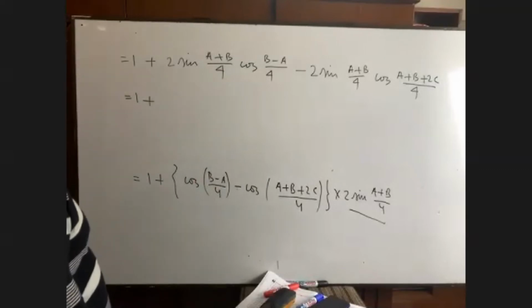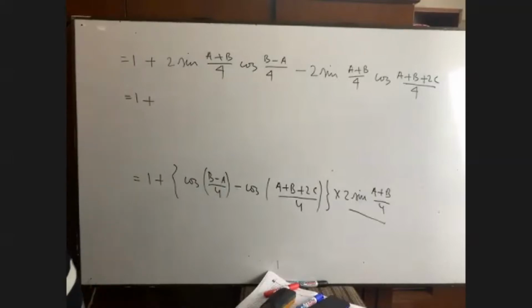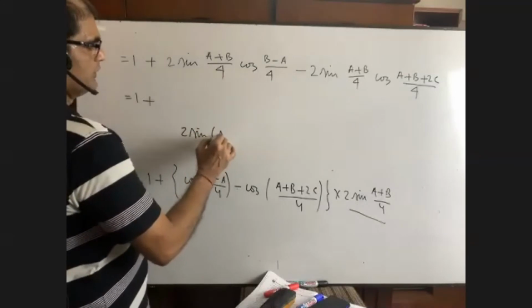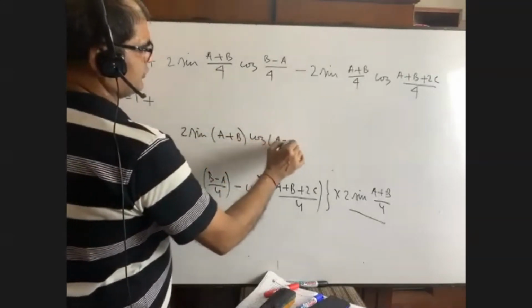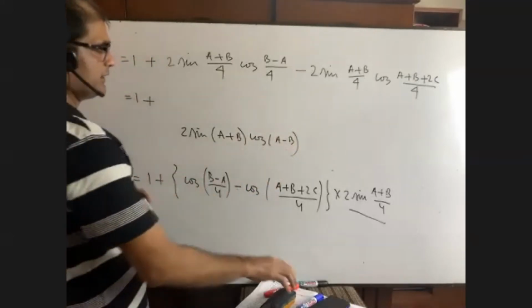Is there any formula, 2 sine (A plus B) cos (A minus B)? Just talk to me. No, sir, we don't have any formula.